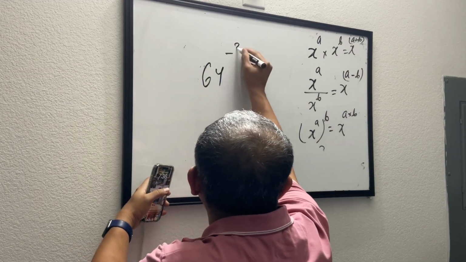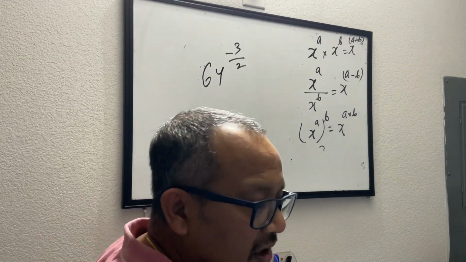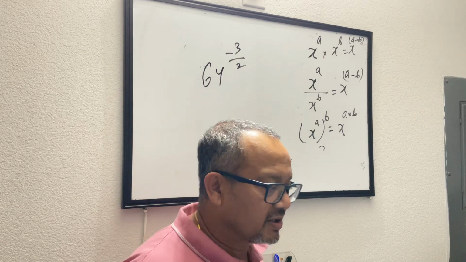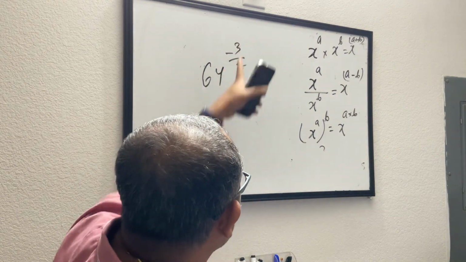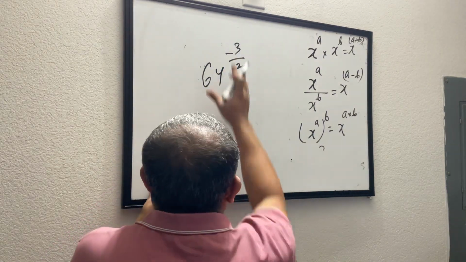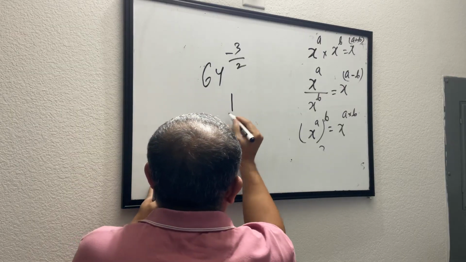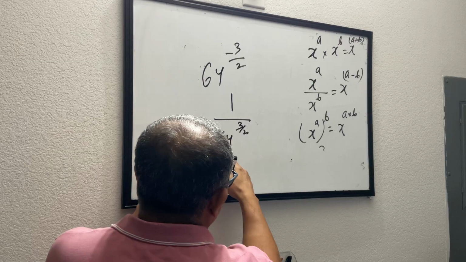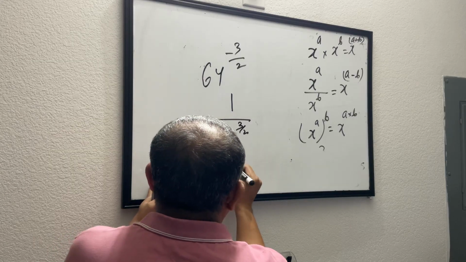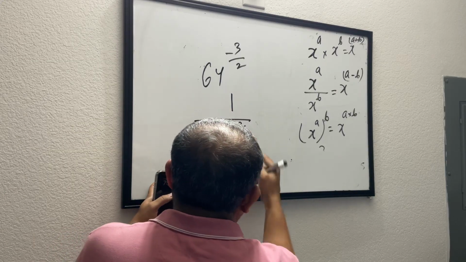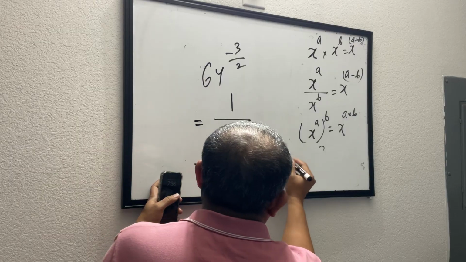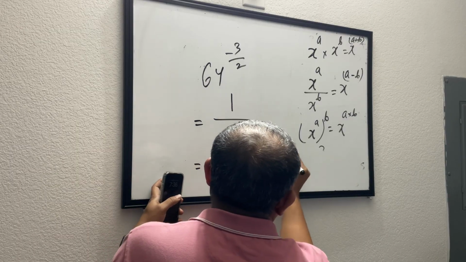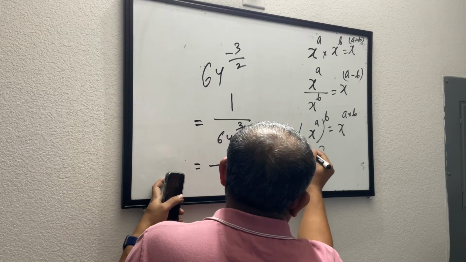64 to the power minus 3 by 2, it should not get you worried. Anything to a negative power will translate into 1 over that thing to the power 3 by 2. And once you have it, 3 by 2 I can write as 3 into 1 by 2.